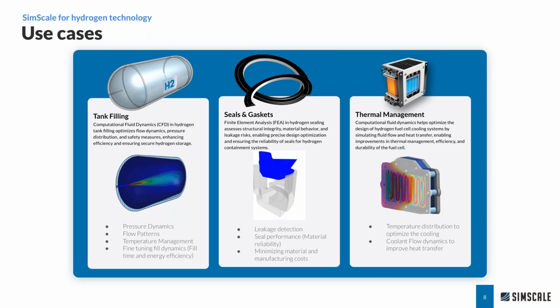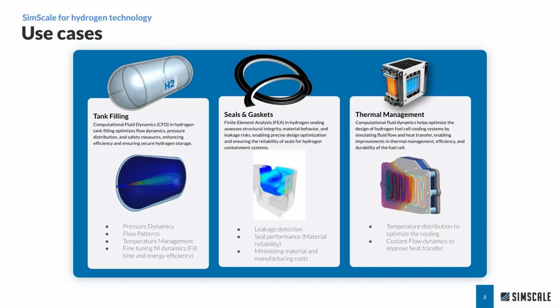And as Kanchan mentioned, we'll be looking at 3 specific use cases relevant to the hydrogen industry, and the aim of these use cases is to get a feeling of how simulations will help improve efficiency, and alongside we'll talk about how you can set up these simulations and extract the results that you are interested in, actually using it for informed design decisions, right?